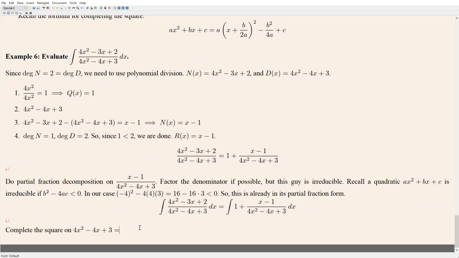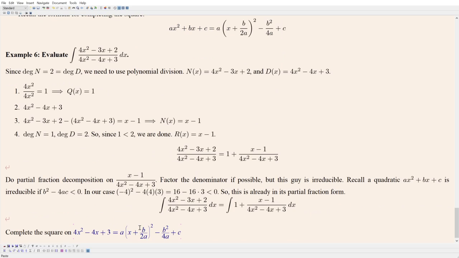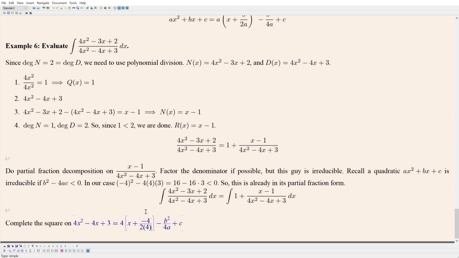So A is equal to 4, B is equal to negative 4, and then C is equal to 3. So we have 4, let's see, 4 over 4 cancels, so this is minus 1/2. Squared.